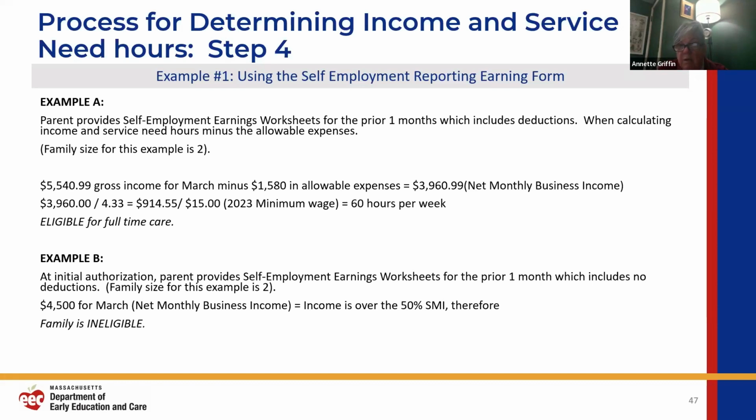So that prior month could be January or February and they made a ton snow plowing, and then come March, they're nothing. So do we give them that option of saying, provide us more worksheets or give us your taxes? Well, that's why it's 26 weeks. It's a half a year we're going back.